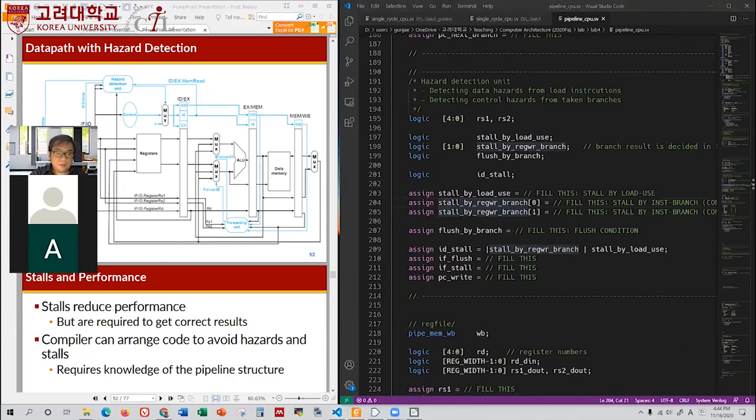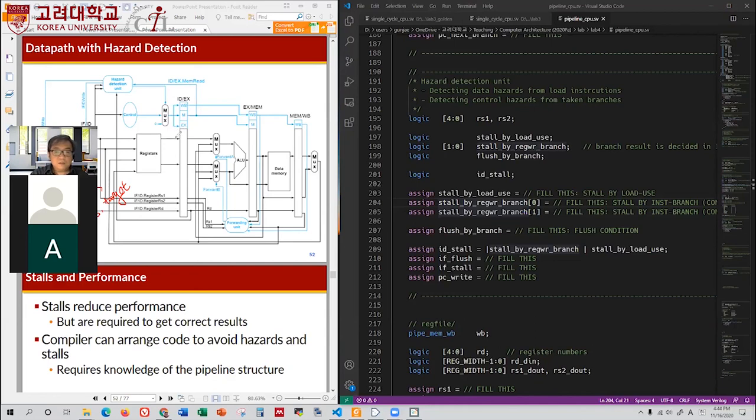So that case is like this case: add x1, x2, x3, and then BEQ receives the x1, x5 target. So what is the problem? This branch instruction receives the result from the add instruction.